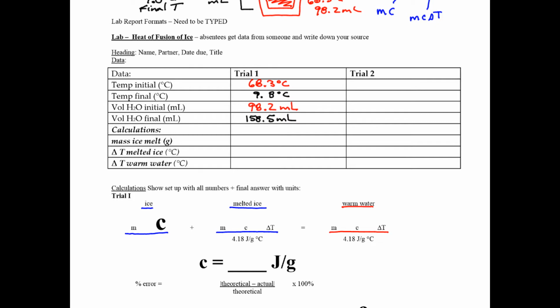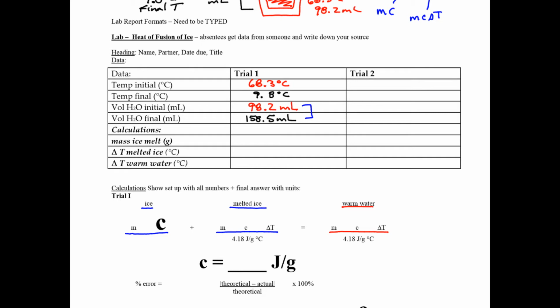All right, so you already know how much ice you had in this case because you're going to subtract the amount of water that you had in the initial from the final water. So when you do that, you're going to find out that the mass of the melted ice was 60.3. I'll show you the calculations here.